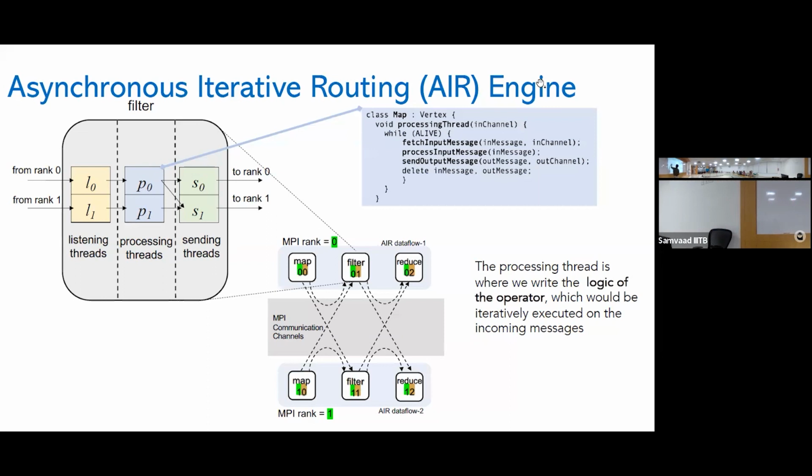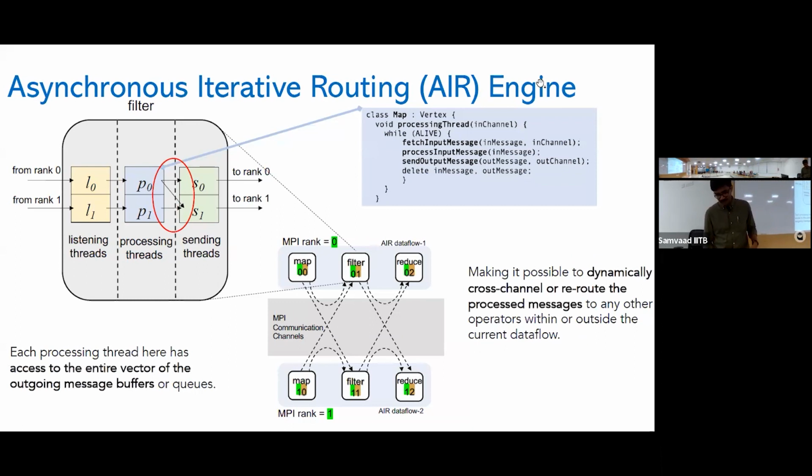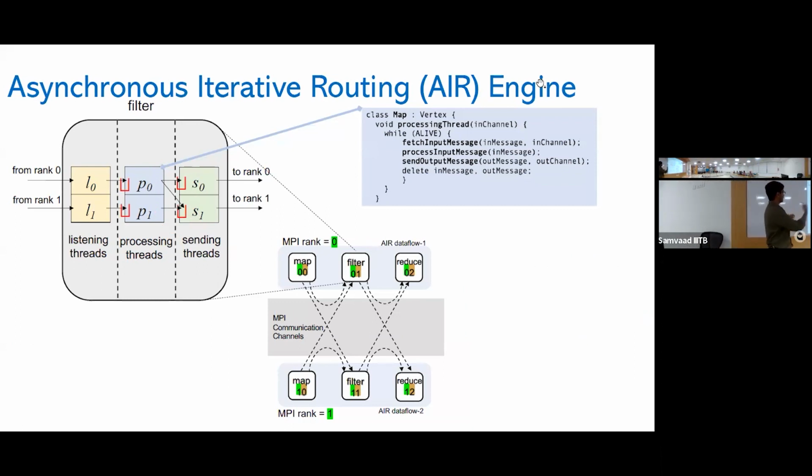So there are two threads running in parallel for collecting the data, and then comes the processing thread, which will execute the logic, and then after executing the logic, you can push that to the next level. It will go automatically to the respective node, whether it's a reducer operator in the same data flow or the reducer operator in the other data flow. We also have an internal buffering system, which creates this producer-consumer pattern.